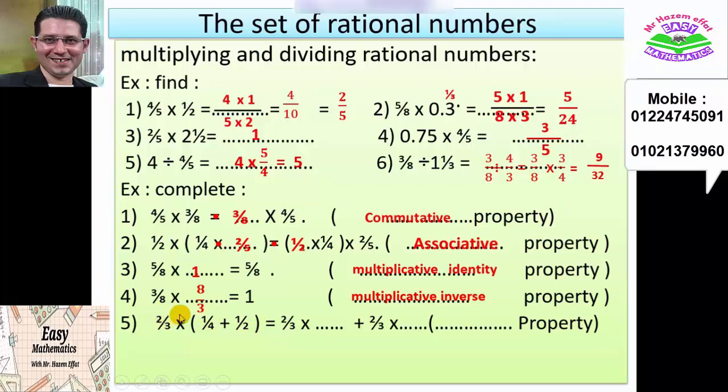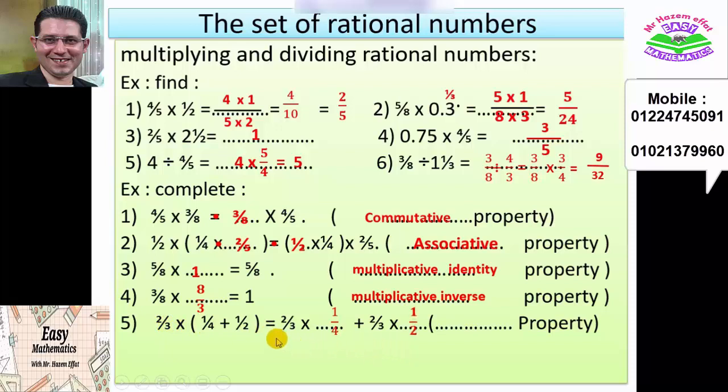We must multiply 2/3 by quarter and then again multiply 2/3 by half. So the missing number is 2/3 by quarter plus, write down, and multiply 2/3 again by half.